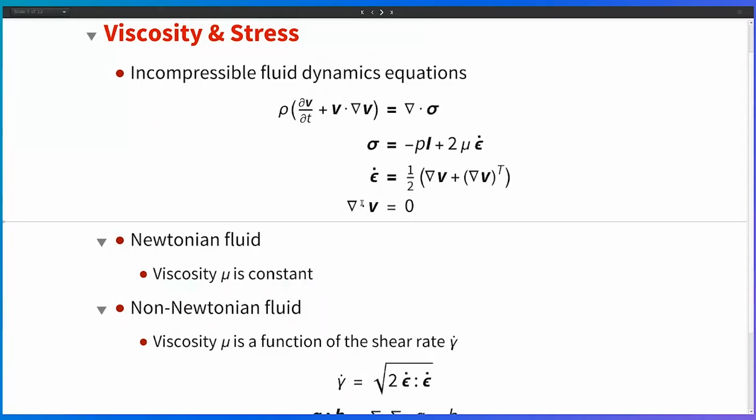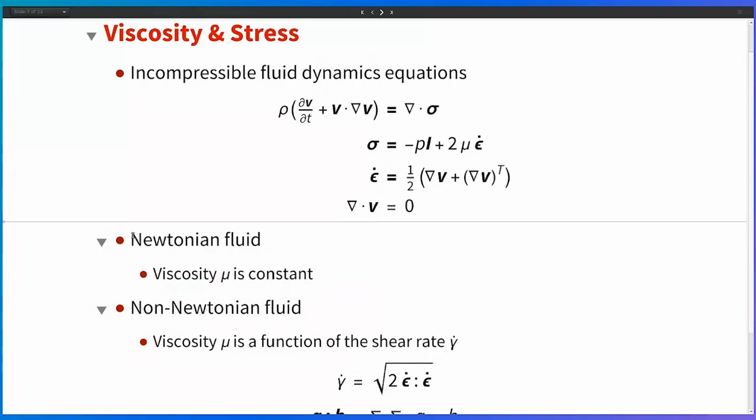So now let's go back to this viscosity. Viscosity is basically just an internal traction in the fluid. So if you imagine, for example, 2 different layers of fluid flowing at different velocity, then this difference in the velocity naturally creates a friction in the fluid. And this is basically what the viscosity is. If we assume that the viscosity is constant, then we are dealing with Newtonian fluids.